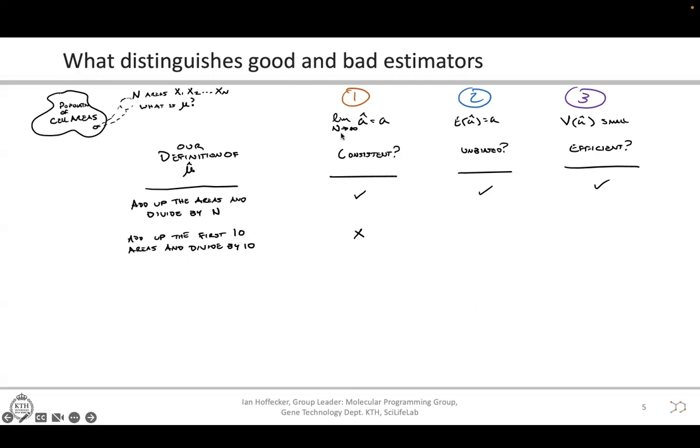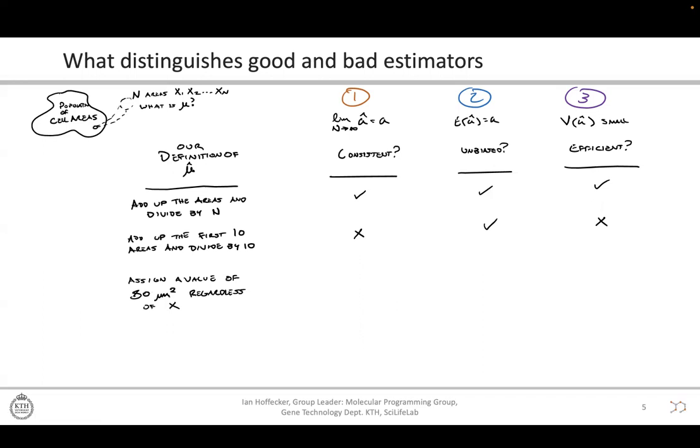So that's true whether or not we have n equals 1 million or n equals 1 billion, we're still just taking the first 10 areas and dividing by 10. So this is going to violate our first criterion here. So this is a bad estimator. And in this case also, this means we're doomed to have a relatively broad distribution of means that we're going to get, because we're not influencing the value that we get as we go up in n the way we do with the sample mean.